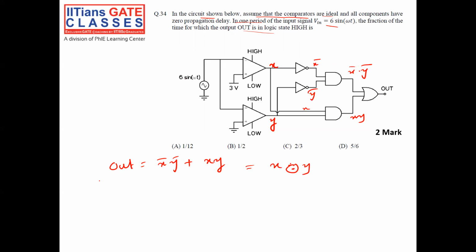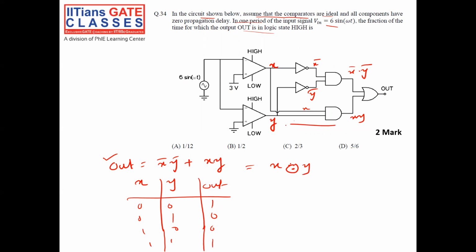We know the truth table of the XNOR gate: 00, 01, 10, 11. If I apply 00, I'll get 1, then 0, 0, 1. So this is the truth table of the XNOR gate which is there in the circuit.